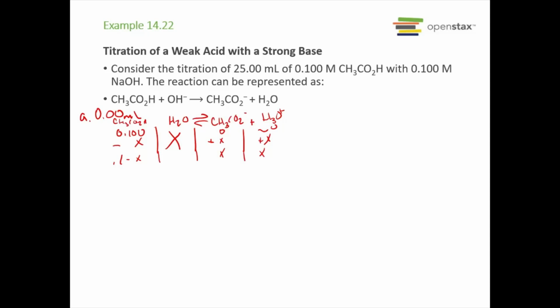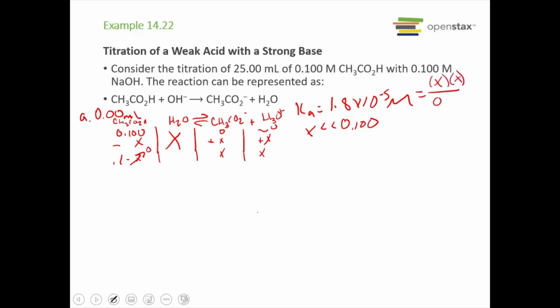And then we know that the Ka of acetic acid is equal to 1.8 times 10 to the negative 5th molar. So we can go ahead and say that X is much less than 0.1. So Ka is equal to X times X over 0.1. Solving for X, which gives us our concentration of hydronium, we get 1.3 times 10 to the negative 3rd.